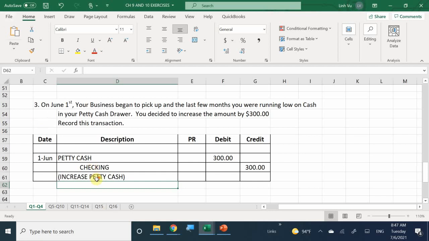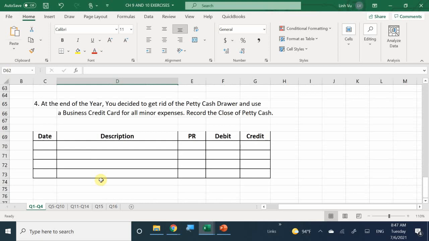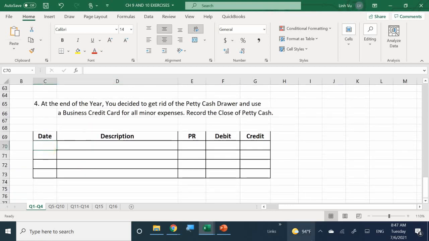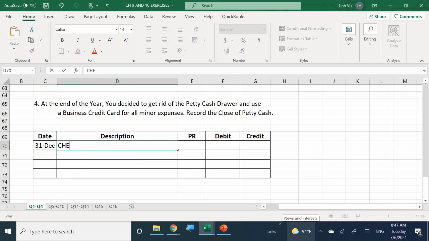So good. All right. Question number 4: at the end of the year, you decided that you need to get rid of the petty cash drawer, and you're going to be using a business credit card for all minor expenses. So how do we record closing out the petty cash drawer? You're going to debit checking for 800 and credit petty cash for 800. Exactly.